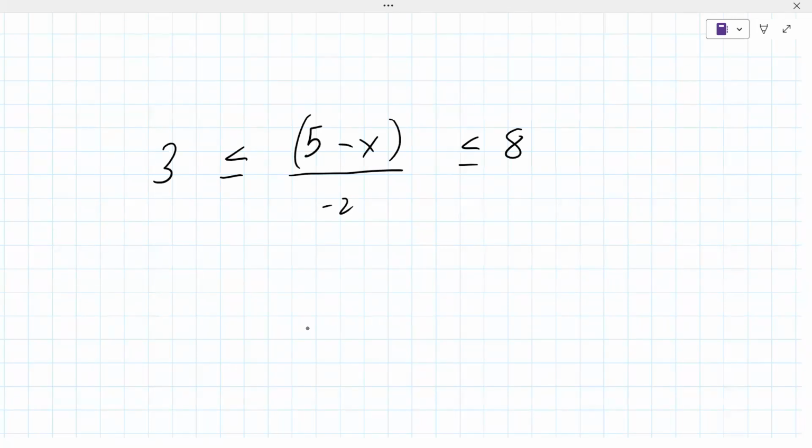Negative x greater than or equal to 11. 11 is less than or equal to x is less than or equal to 11. So I got 11 is less than or equal to x is less than or equal to 11. The same number? Yeah.